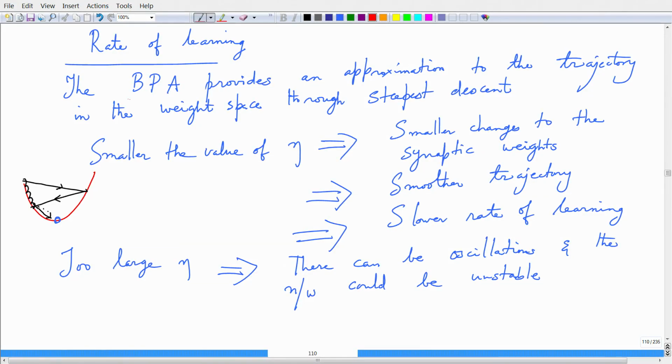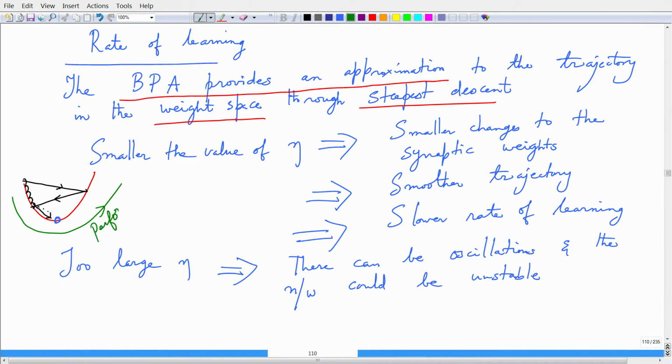Okay. Now, the BPA provides an approximation to the trajectory in the weight space through gradient descent. Now, let us imagine this bowl that we have here, right. This is the surface, this is the performance surface, this is like a bowl. Now, the smaller the value of eta, the smaller the steps that you take.